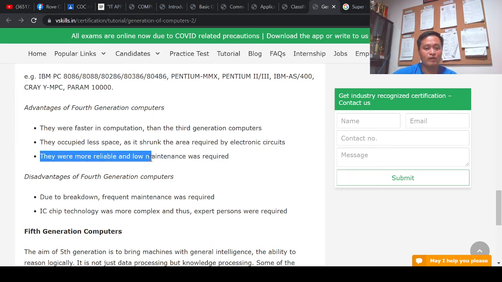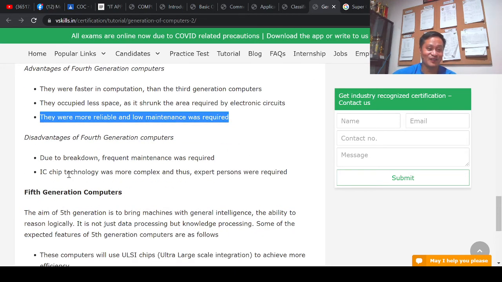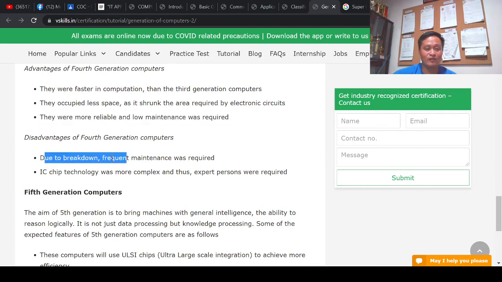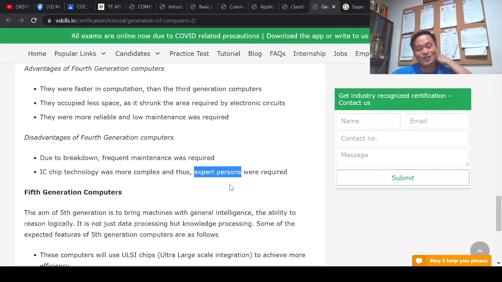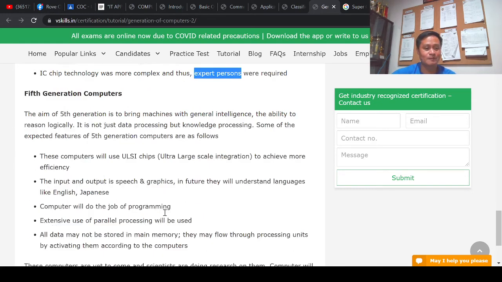And they were more reliable, low maintenance was required compared to the third generation. And the disadvantage of the fourth generation: due to breakdown, frequent maintenance was required. Yes, because the chip is smaller. IC chip technology needs an expert person. So again, the computers that we have right now are actually fourth generation computers.